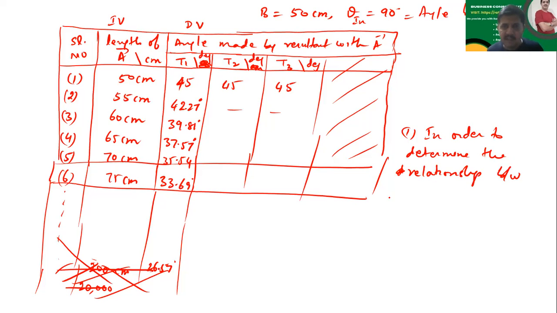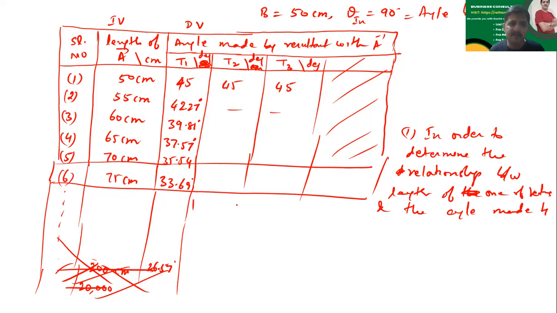Between the length of one of the vectors and the angle made by the resultant, the experiment was conducted as described above. Where did we describe?